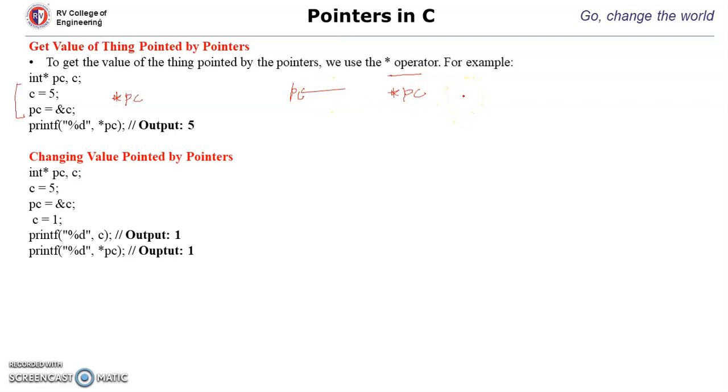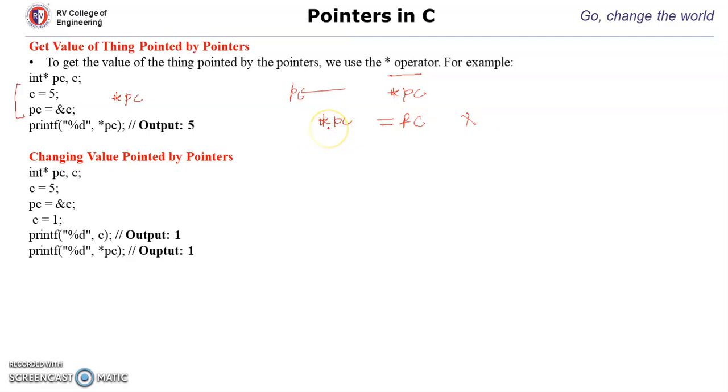So you should not do something like star PC is equal to ampersand C. This is not correct. Here, star is called the dereference operator when working with pointers. It operates on a pointer and gives the value stored in that pointer.